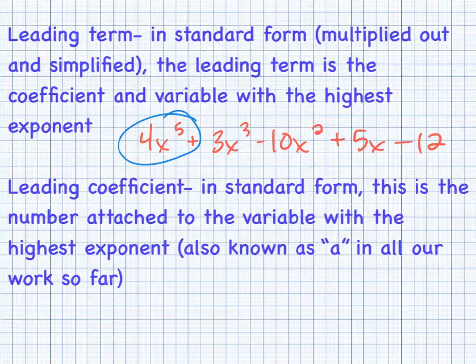So the thing to note is if these were out of order and 4x to the 5th was over here, it would still be a 5th degree because 5 is your highest exponent. The leading coefficient is simply the number that goes with your variable with the highest exponent. That's also known as our A value. So in this case, the leading coefficient is 4.